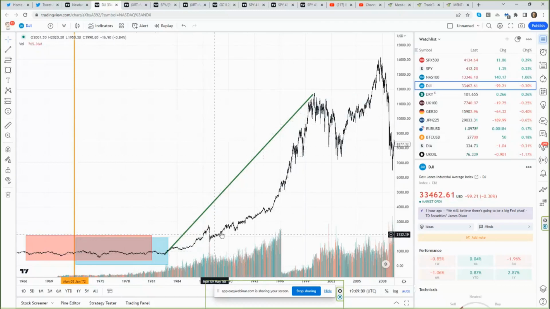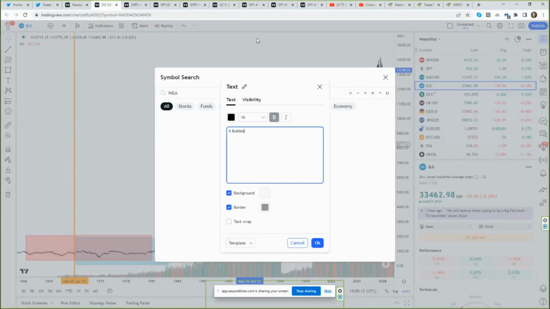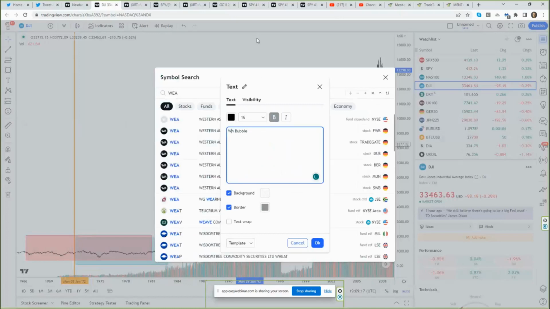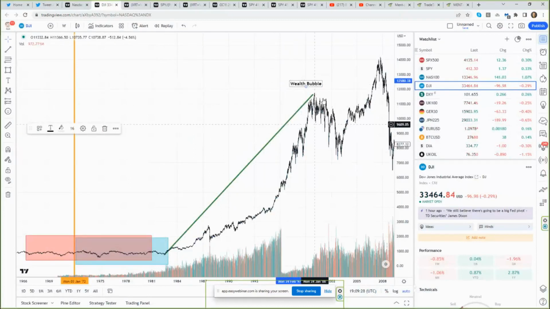These people went from having 40, 50, 60, $100,000 in their account up to $500,000, $1 million in their retirement account. And this wealth bubble, I'll type this in right here. This wealth bubble allowed the individuals withstanding this to ride it out.